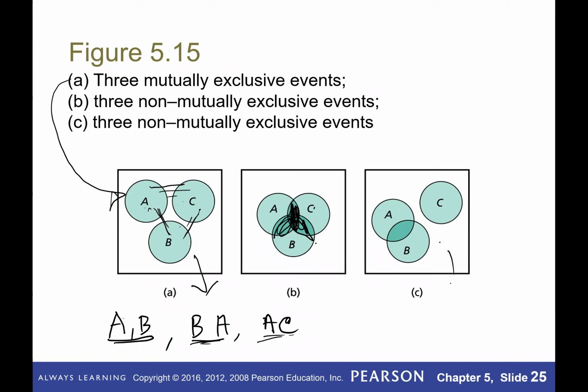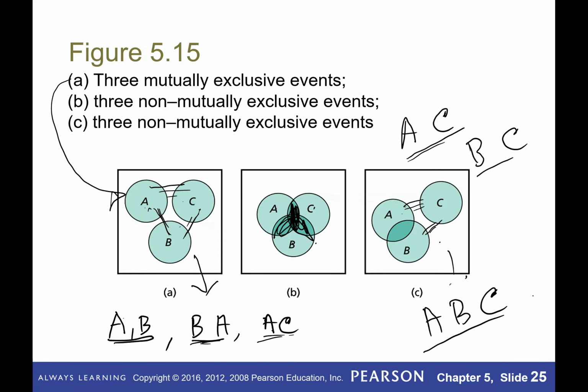And here they are also not mutually exclusive, though we have two pairs which are mutually exclusive. If you consider AC and BC, they are mutually exclusive. That's fine. That's true. If you consider pairwise, yeah, they are mutually exclusive. But ABC together, they are not mutually exclusive because we have one pair which is not mutually exclusive.